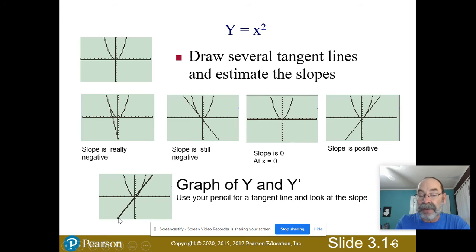That's why this function starts really negative and gets closer and closer to 0. Then as we go from 0 to positive, notice our skateboard starts out fairly flat and then starts to go uphill again. So at 0 it looks like this, and then it's going to go uphill after that.